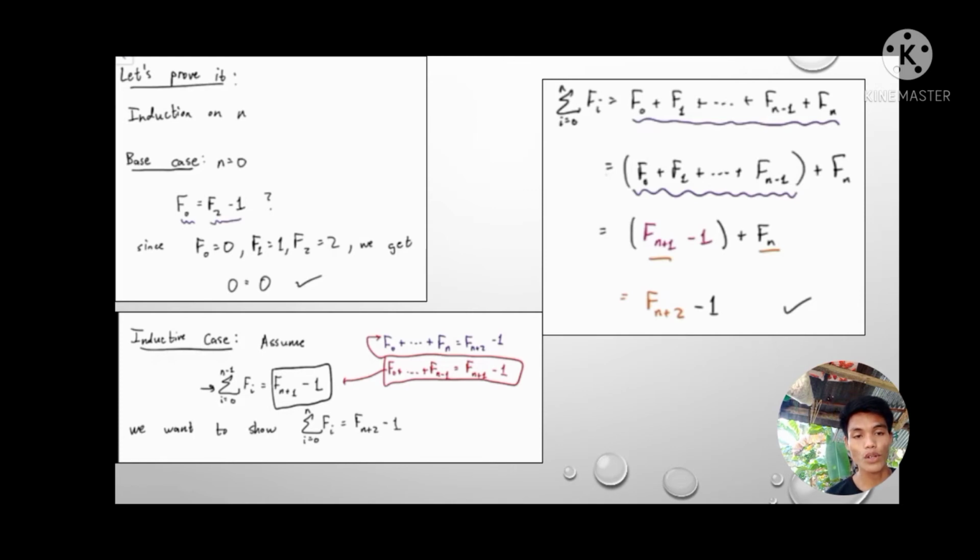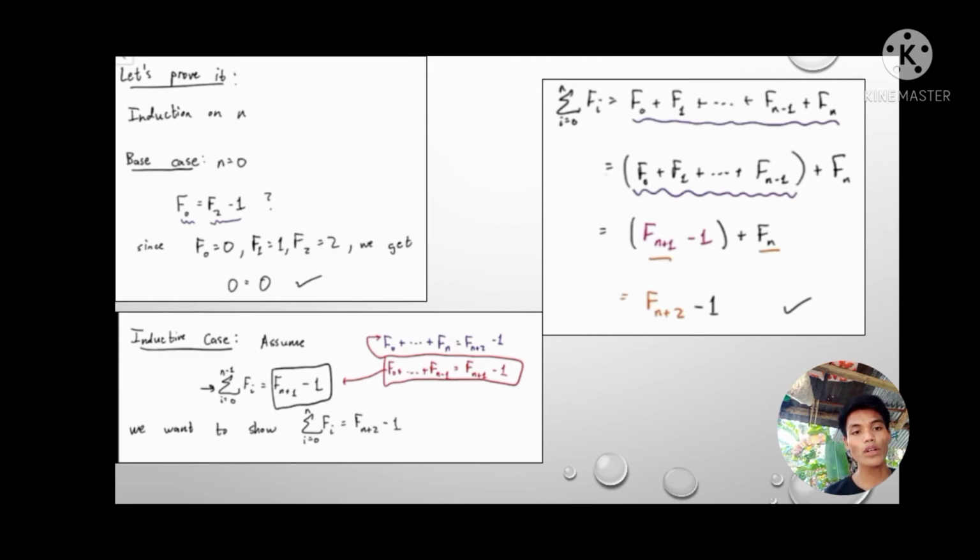So as you can see, for n minus 1 Fibonacci numbers, f sub 0 plus and so on up to f sub n minus 1 is equal to f sub n plus 1 minus 1. Let us just assume that it is true.